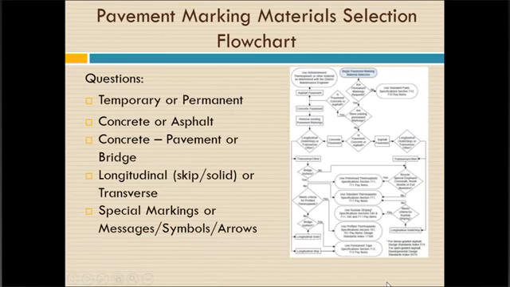The new material selection has a flow chart, and the flow chart is really there to help guide you as to the material selection. If you go through the flow chart, hopefully you'll end up in the right spot.